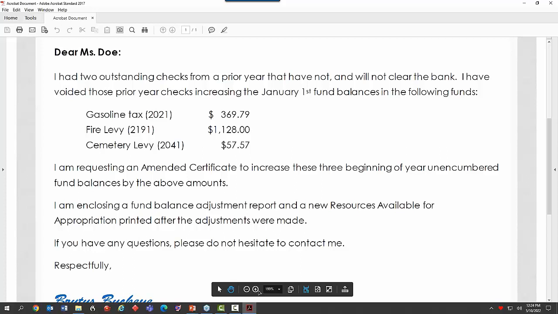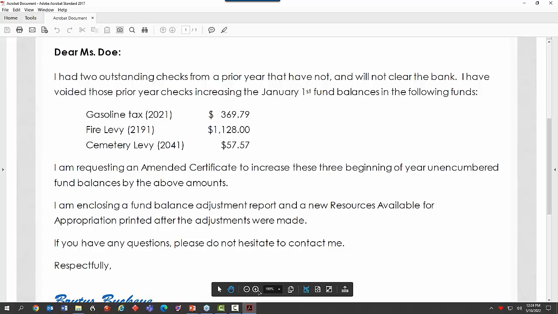So the gasoline tax fund got $369.79 back from a payment, and the fire levy fund got $1,128. Those 2 together equal 1 payment, but you have to adjust the money back in by fund. And then my other check was directly from the cemetery levy, and I put $57.57 back in the fund. I am requesting an amended certificate to increase these 3 beginning of year unencumbered fund balances by the above amounts.